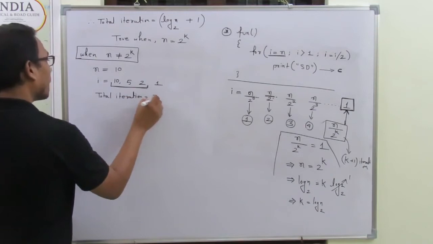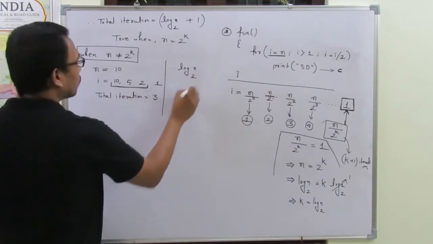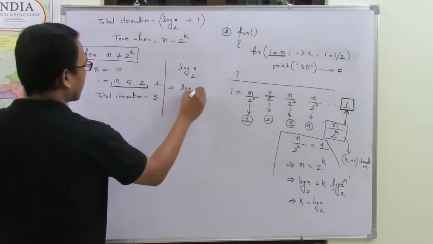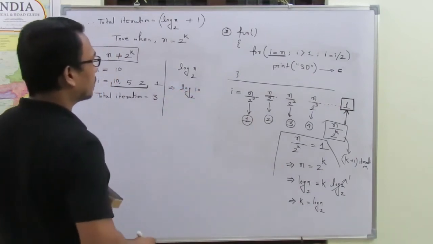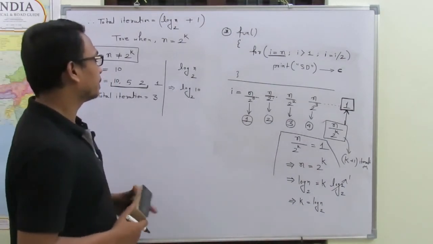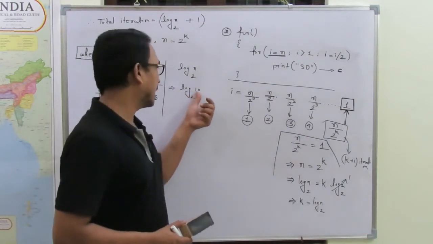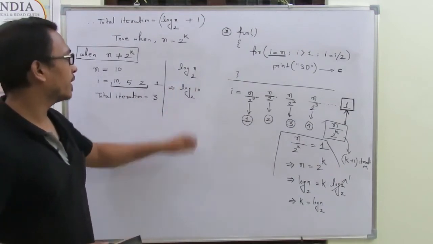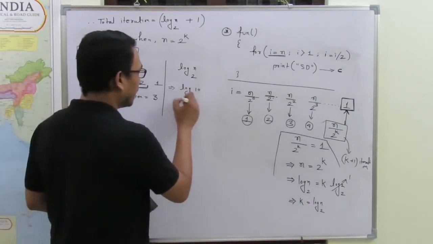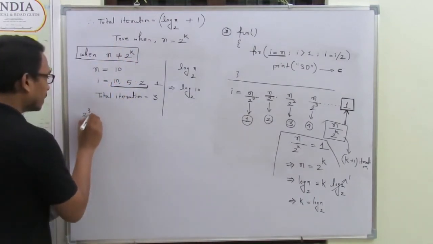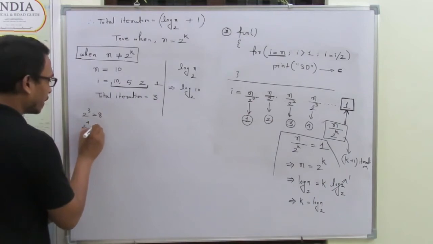Total iteration is 3, log n base 2, and the value of n is 10. Let's see what happened in this case, log 10 base 2. 10 is not a power of 2, so we can't convert it directly. Look here: 2 to the power 3 is 8, and 2 to the power 4 is 16.